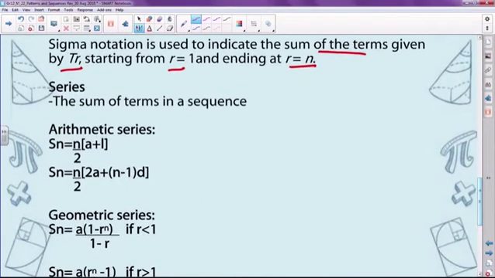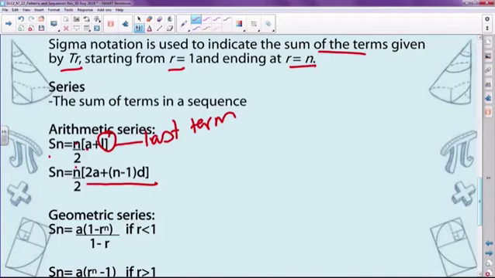Now, when we're looking at arithmetic series, the two formulae we can use are Sn = n/2 (a + l), where l is the last term. If you've got the last term in your arithmetic series, that's the one you would go for. It's quicker than the other formula, which is Sn = n/2 [2a + (n-1)d].